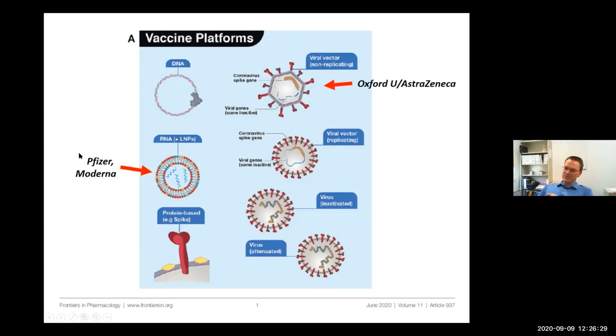There's another one or two out there that are also leading contenders, from Pfizer and Moderna. And they don't use a virus to infect. They use almost like a little fatty lipid sac around this RNA to make the spike protein. Then you stick that in your arm to have your cells make that spike protein, and your immune system will recognize it as foreign and start to make antibodies to that.